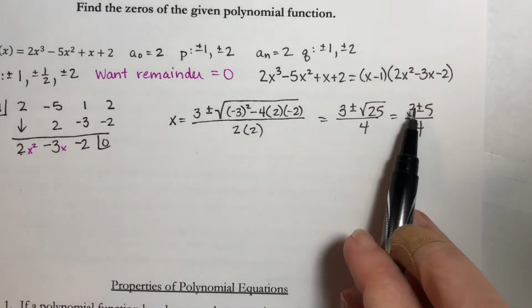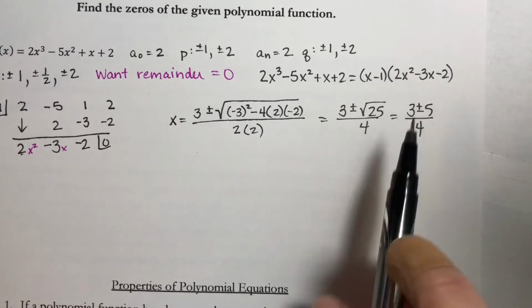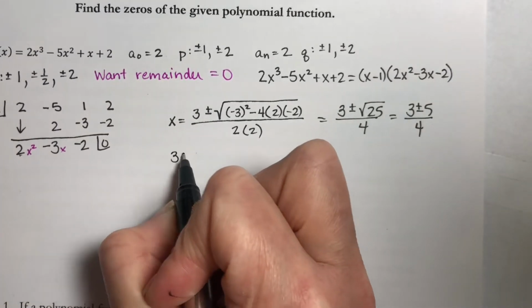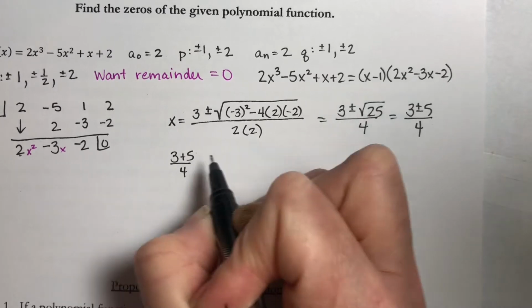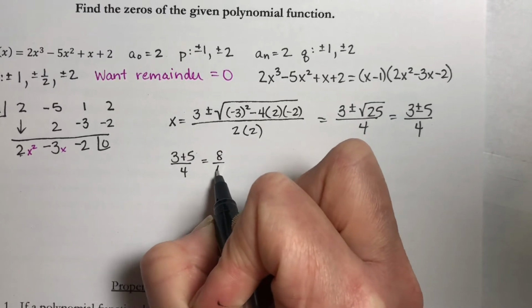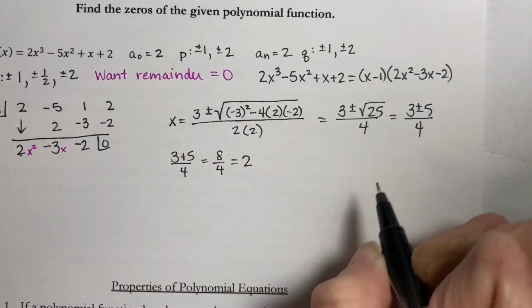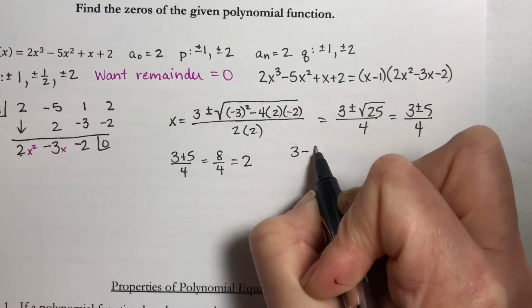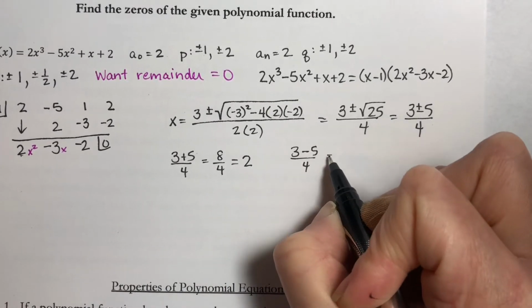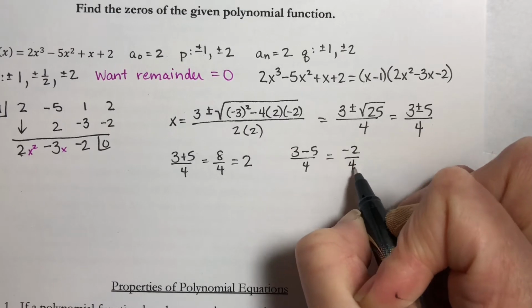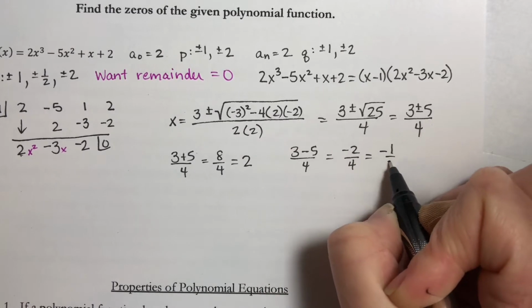I need to calculate both the plus version and the minus version. 3 plus 5 over 4 is 8 over 4, which is 2. And 3 minus 5 over 4 is -2 over 4, which is -1/2.